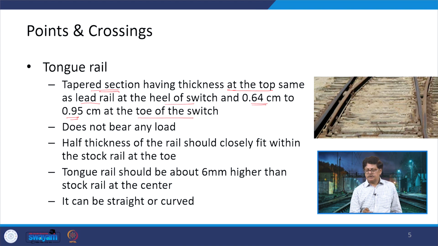So, when it is being provided at the heel, whatever the normal section thickness is, that will be there, but when it reaches the toe, it will be something like this.